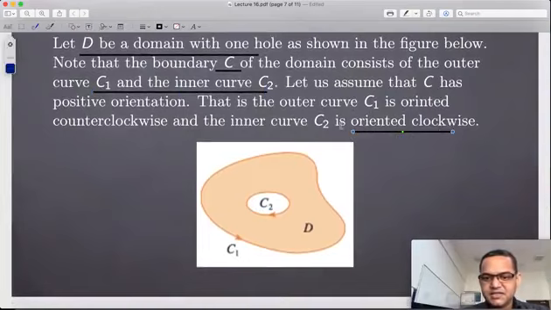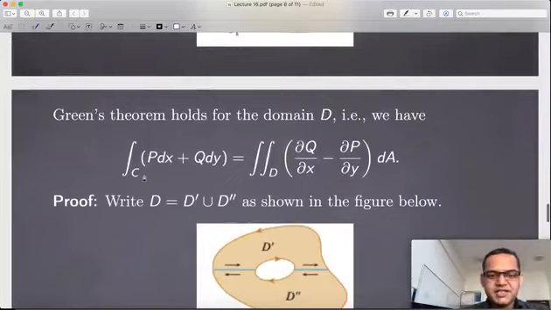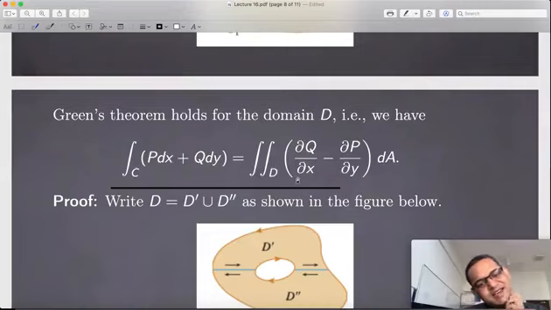Okay, so you see that this C2 is oriented clockwise because this comes as part of the boundary of D with positive orientation. Okay, so that is the reason. All right. So the analog of Green's theorem holds here. So this is precisely the conclusion you expect for the Green's theorem.